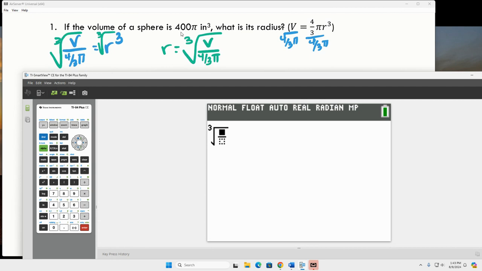All right, in the place of v, I'm going to put what my volume is, which is 400 pi. We technically could cancel out those pi's, but it's not hurting anything. And there it is.